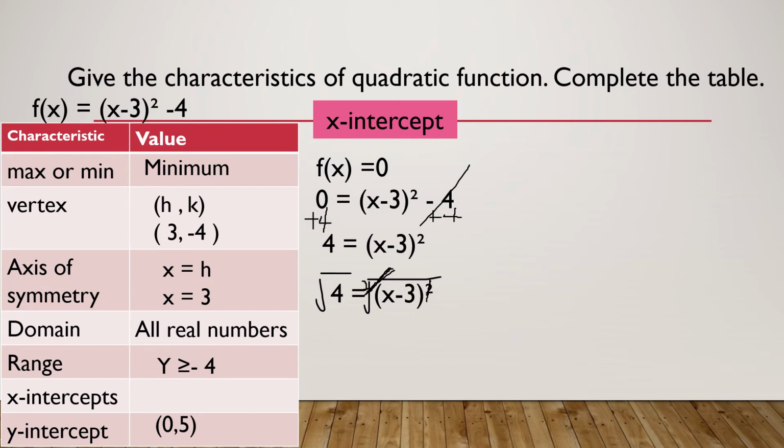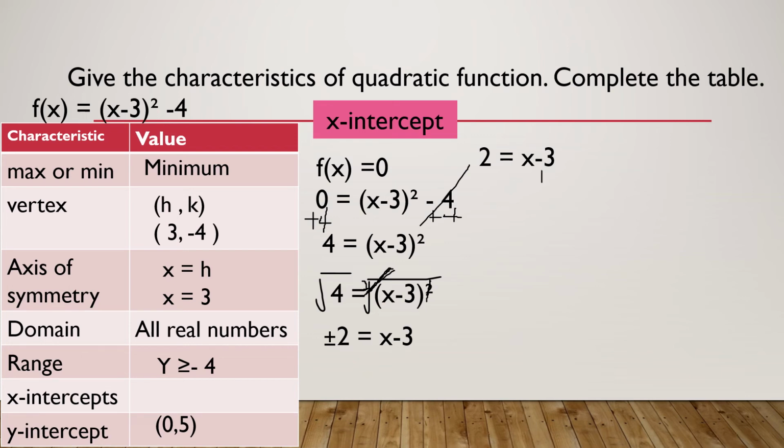Okay, then, square root of 4, you know that it's always positive and negative. So, therefore, that is positive and negative 2 is equal to x minus 3. So, we can now equate x minus 3 to positive 2 and negative 2. So, unahin muna natin yung positive 2. So, 2 is equal to x minus 3.